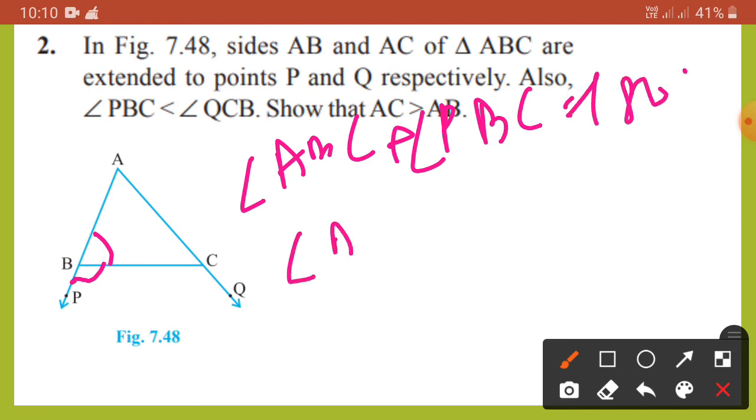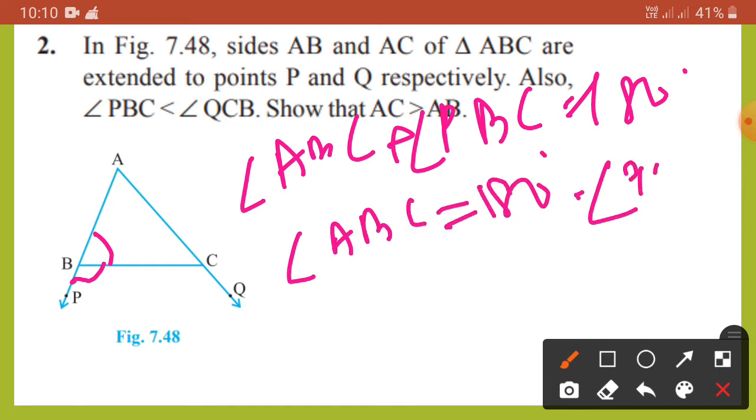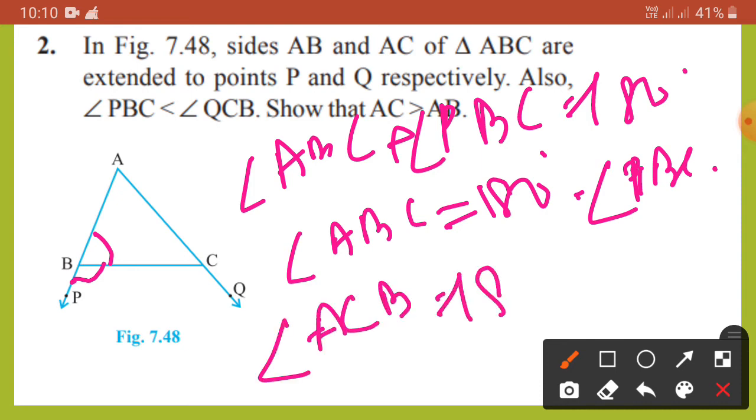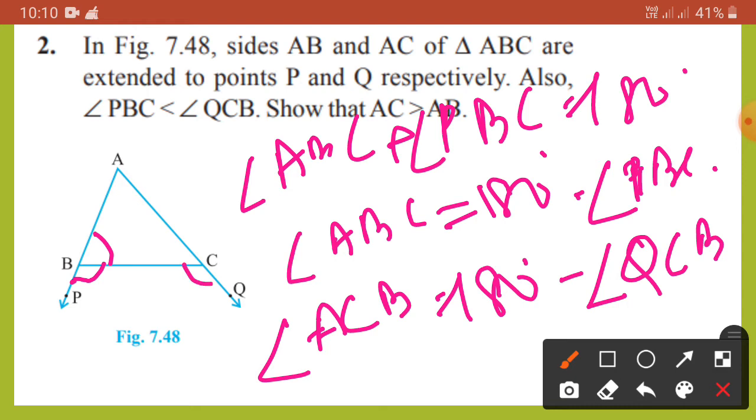Now angle ABC is equal to 180 degrees minus angle PBC. Similarly, you can say that angle ACB is equal to 180 degrees minus angle QCB, since angle ACB plus QCB equals 180.